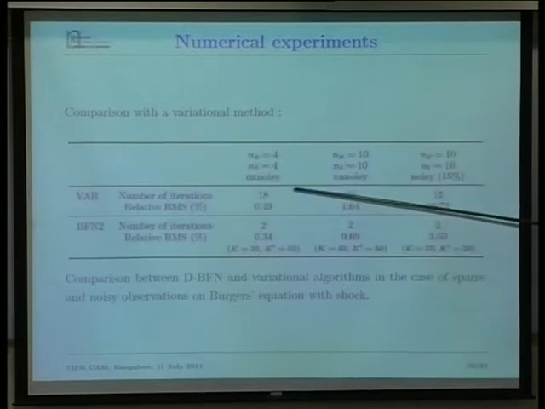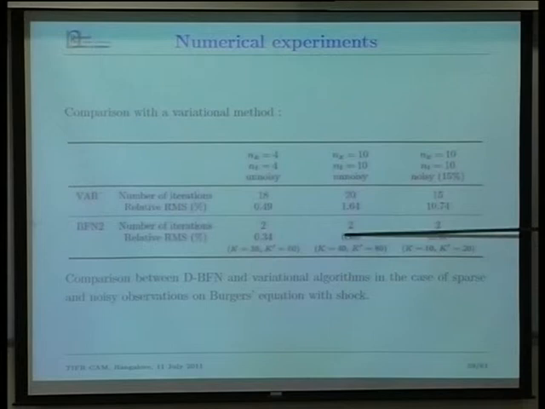And you have the number of iterations to get convergence of the algorithms and the relative RMS error at the convergence. So the idea is that you still get the extremely fast convergence of the scheme, even faster than with the standard BFN, because there is no problem with the backward resolution.